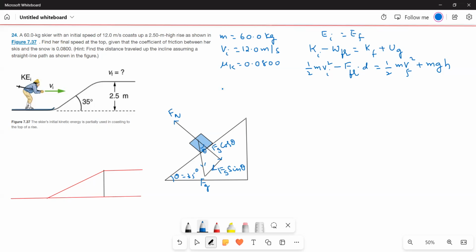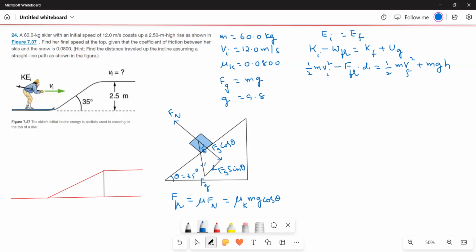Fg is equal to mg, and I'm taking g as 9.8. Therefore, F friction is equal to mu Fn, which is mu k Fg cos theta, that means mu k mg cos theta.